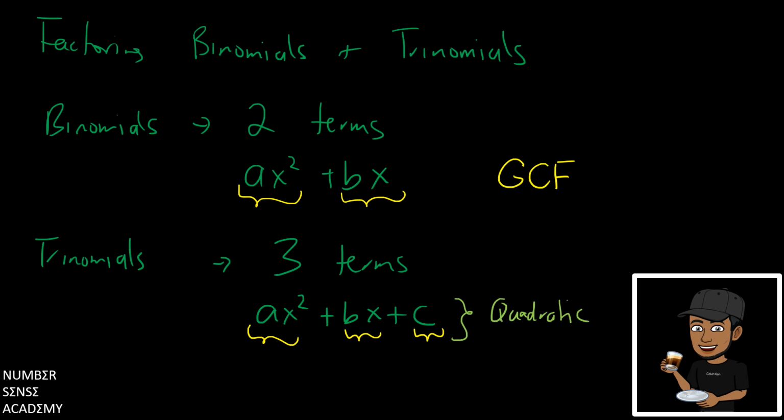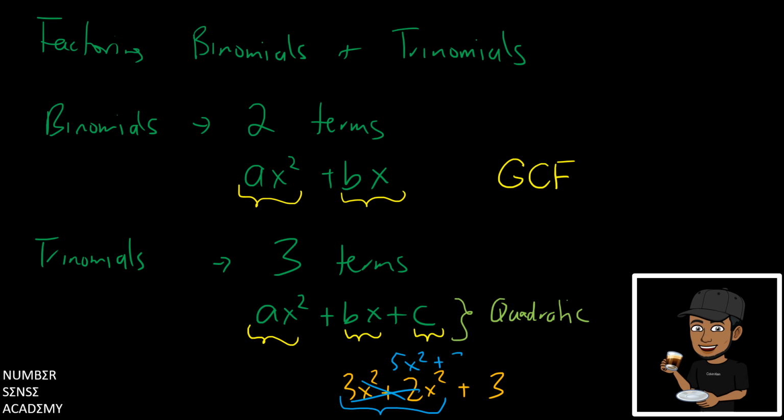Now, I don't want to get too deep into this term aspect of it, but let's use a real number for a in this case. If I have 3x squared plus 2x squared plus 3, essentially this is a binomial, because these two terms are like terms and we could combine them to get one term.